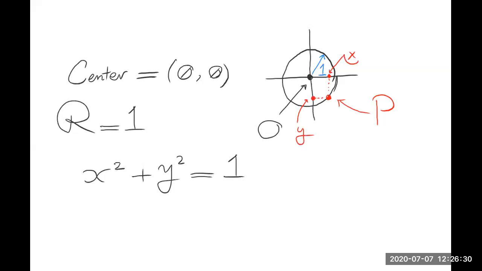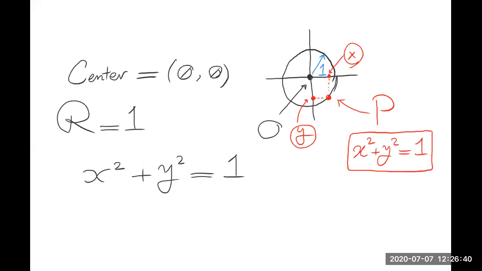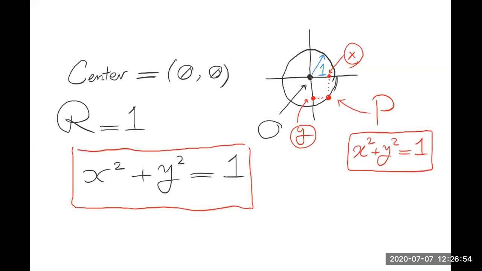If you square this number x, and if you square this number y, and if you add them, you would get 1. That holds for all the points on the circle. And any point with this property is on the circle. So this is the equation describing the circle with center 0, 0, and with radius 1.